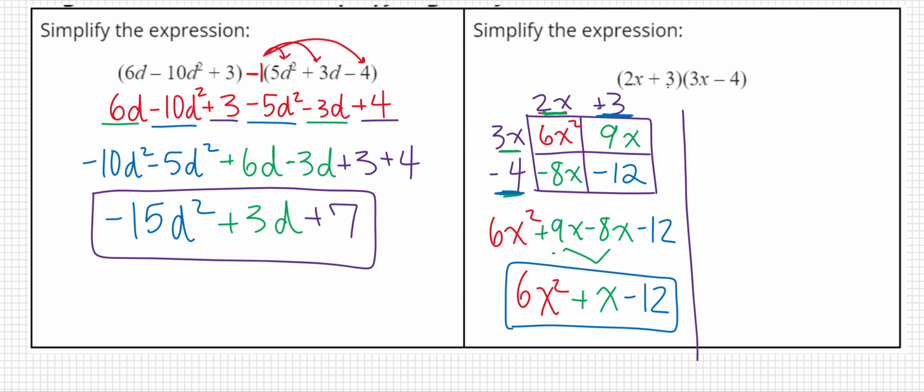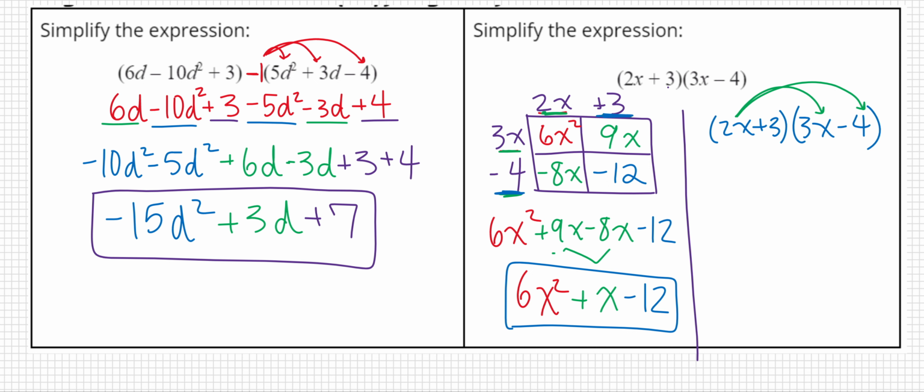The other way I can simplify this same expression is by using the distributive property. So I rewrite the expression 2x plus 3 times 3x minus 4, and I draw arrows pointing from the very first term to each of the two terms in the parentheses on the right, and I multiply each of those pairs.